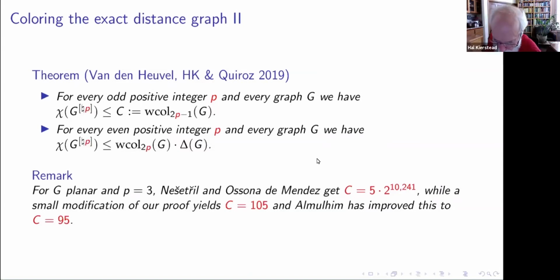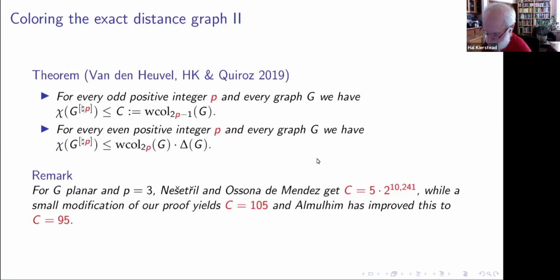Yeah, maybe one more example. So, of course, the dates are way after 2003, but with Van der Hoeven and one of his students, Kierstead, we provided numbers for the Nesetril-Ossona de Mendez proof, for exact distance, in the case where we were looking at planar graphs, and when the p was 3.